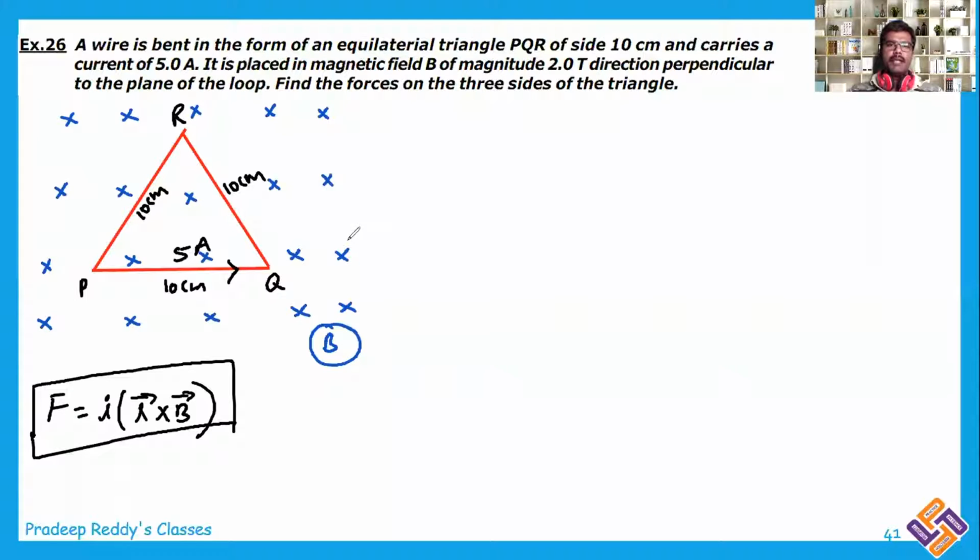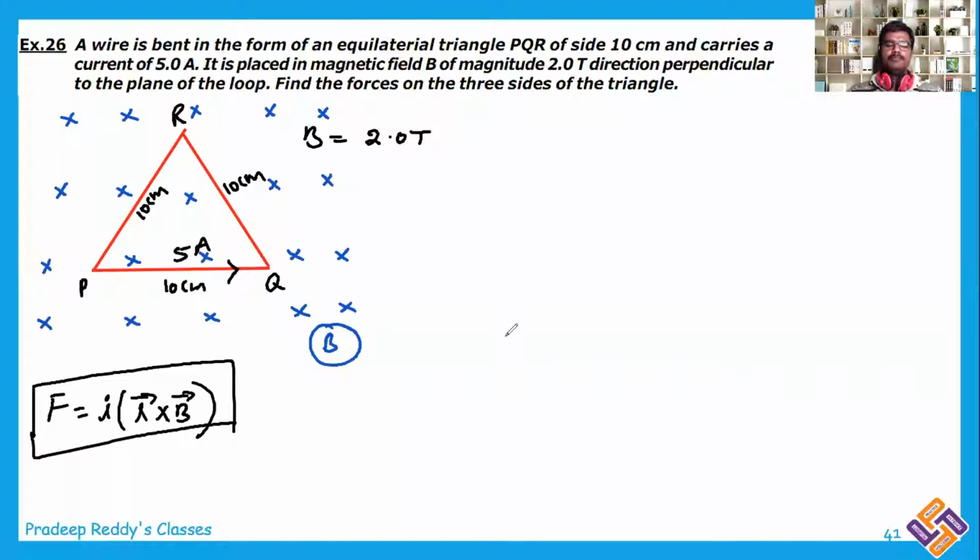It is placed in a magnetic field of magnitude 2 Tesla, so magnetic field B is equal to 2 Tesla, and the direction is perpendicular to the plane of the loop. Find the forces on the three sides of the triangle. You are supposed to calculate the force on the sides of the triangle.